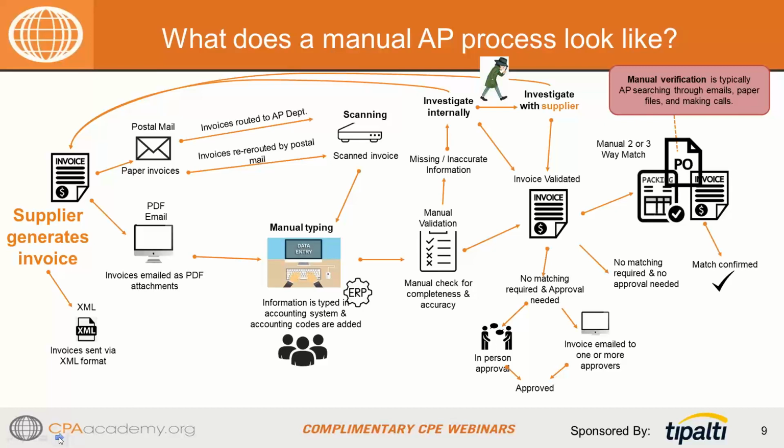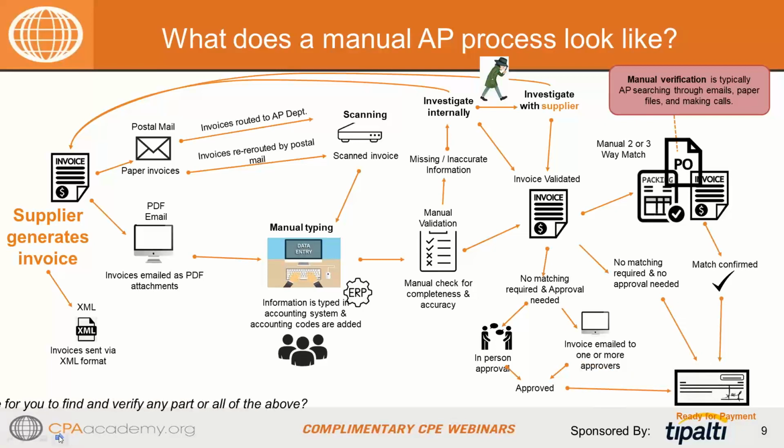And what we're really looking for is, in a manual 2- or 3-way match process, is ensuring that that invoice is matching the receiving information and the PO. Once the matching is confirmed, we can move on to payment, and that is when all the approvals are completed, the coding is correct, and the matching is complete.